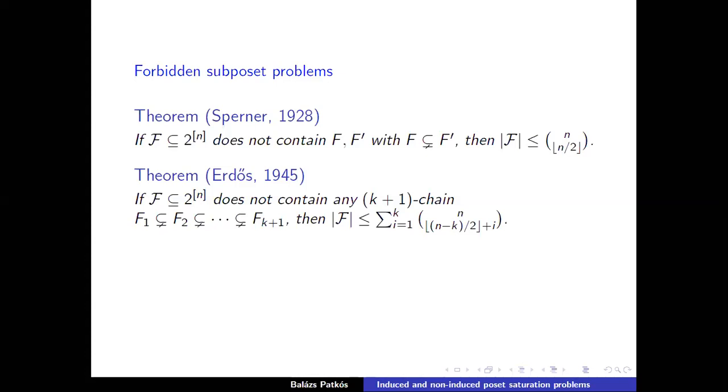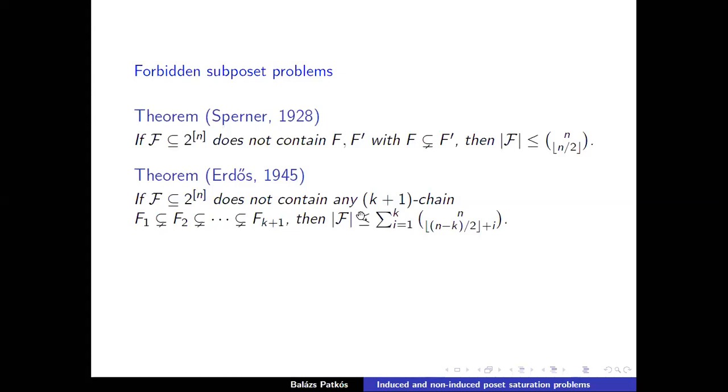And similarly to Sperner's result, what one should do to obtain the best family is to take sets of only k possible set sizes, and to maximize this, one has to take the set sizes around the middle, so around n half.